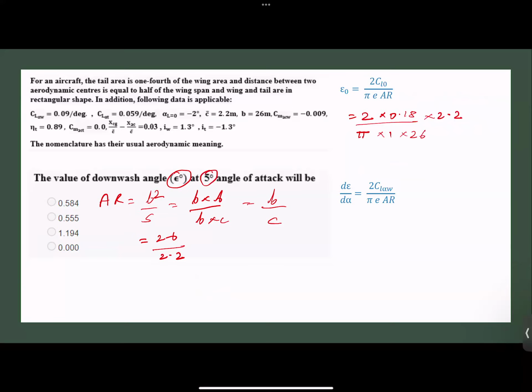Since the value is given in degrees, let's just convert this to degrees, 57.3. Just calculate it.